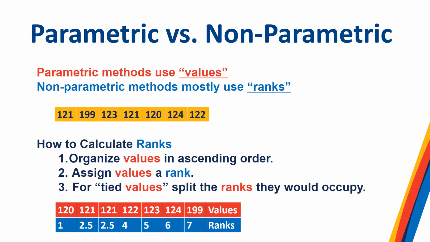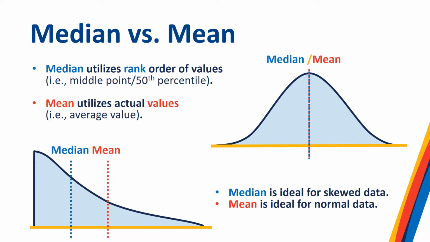On slide 4 you can see that a classical example of this is the median, which utilizes the rank order of values. To calculate a median, you organize all the data from low to high, and then you count to the middle point, the 50th percentile, and that's your median value. You can see that in a normal distribution, the median and mean are approximately the same. In a perfectly normal distribution, they would be the same. But in a skewed distribution, the mean is tugged towards the outliers, or basically just towards the tail.